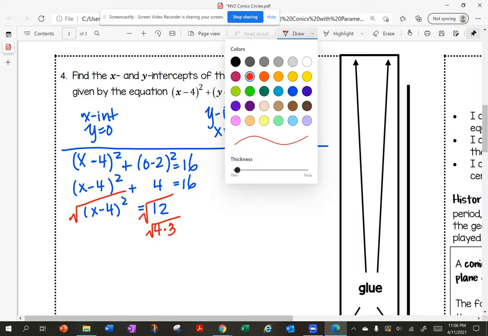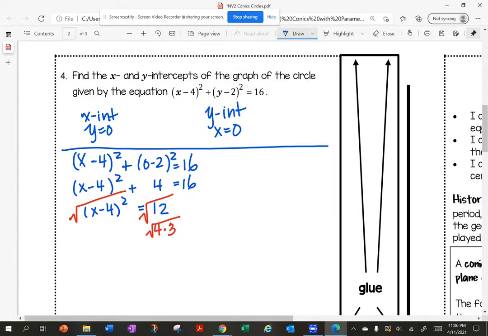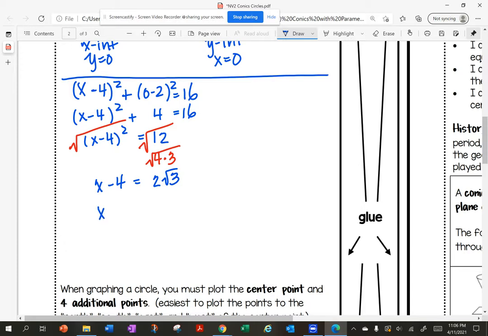So I am left with x minus 4 equals 2 times the square root of 3. So I'm going to add 4 to both sides. So I get x equals 4 plus or minus, oh, this is plus or minus. When I take the square root, it's the plus or minus. So 4 plus or minus 2 times the square root of 3.